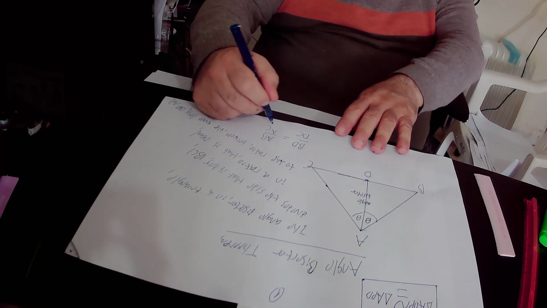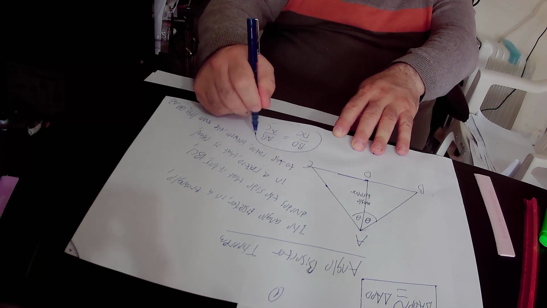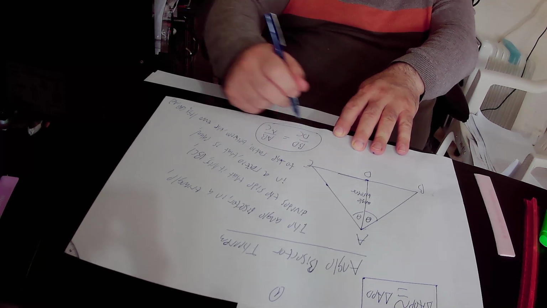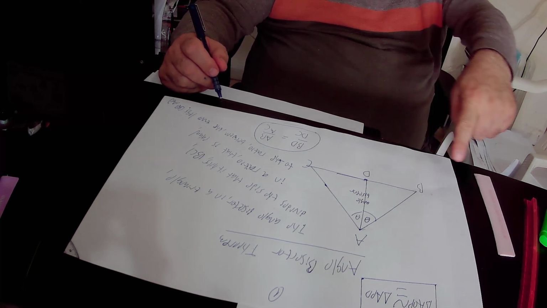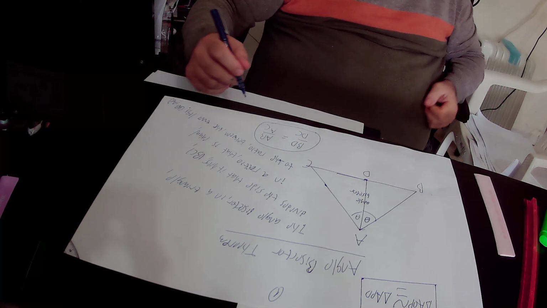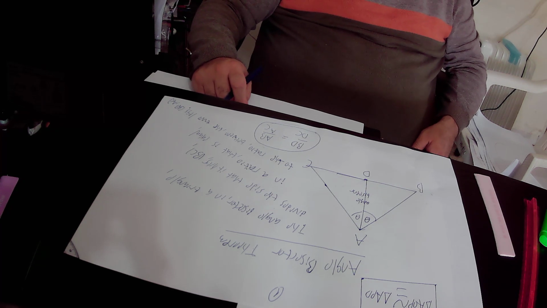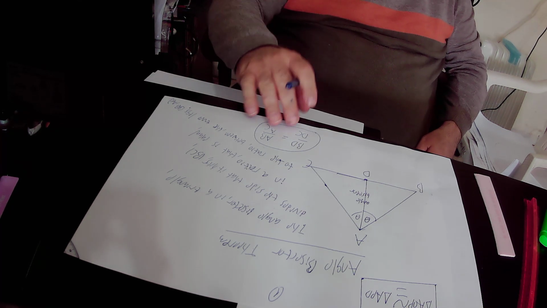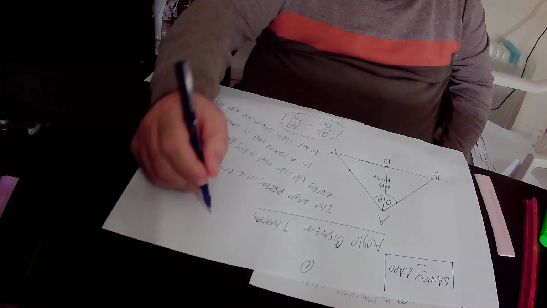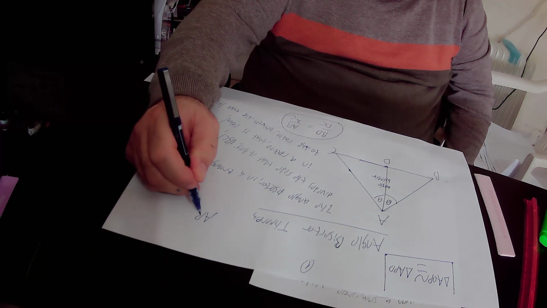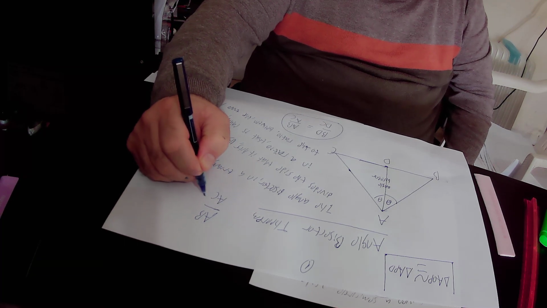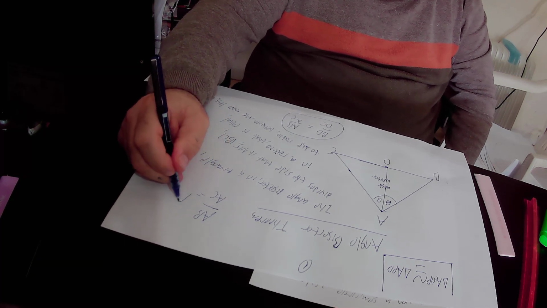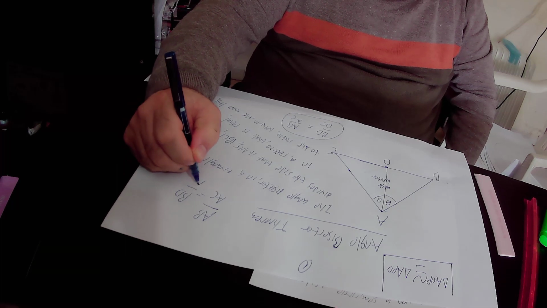In conclusion, BD over DC equals AB over AC. Okay? We can also write that AB over AC equals BD over DC.